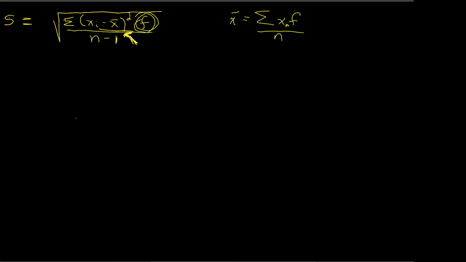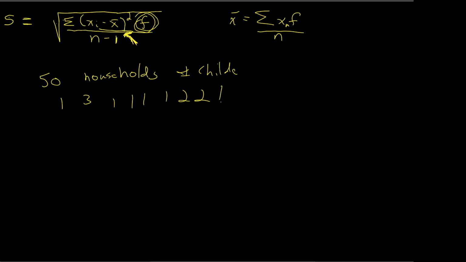So for example, using the book's example of 50 households and the number of children. If you look at the data set in the book, it's 1, 3, 1, 1, 1, 1, 2, 2, 1, and so on.